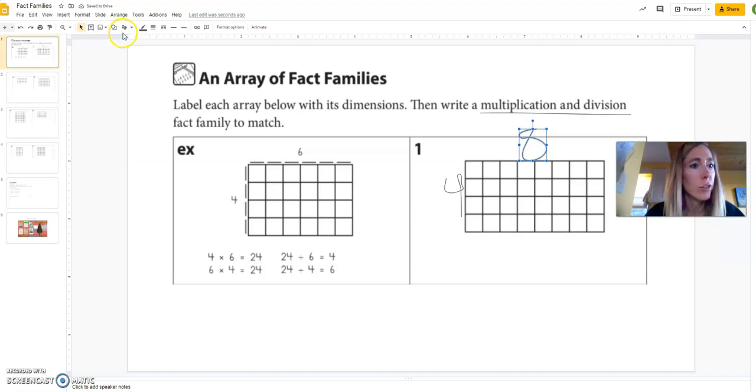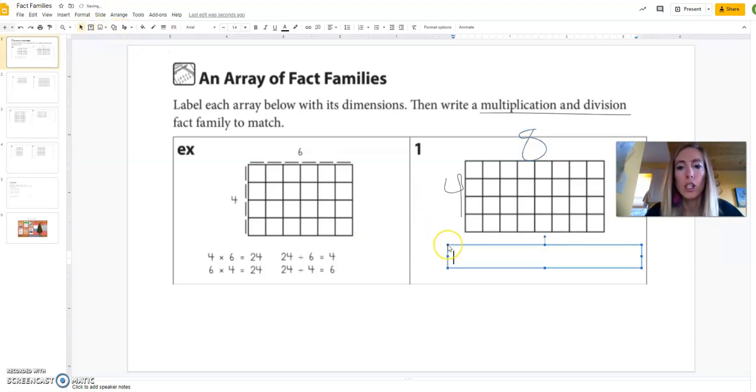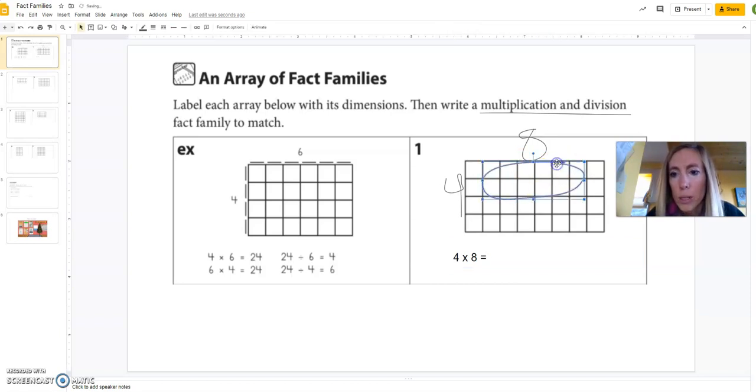Now, I could use the scribble feature again, or I could just use the text box to write in the equations, my fact family. So I have a 4 by 8, or 4 groups of 8, which gives me a total of a lot of squares. But I can't just write a lot. I want to actually come up with the number. So how could I get that easily if I don't know it off the top of my head? Well, for me, I like to look at it, and I'm just going to circle it for you. 2 groups of 8 right here.